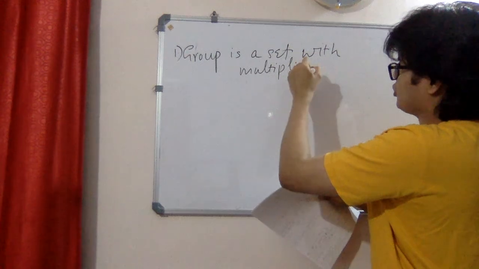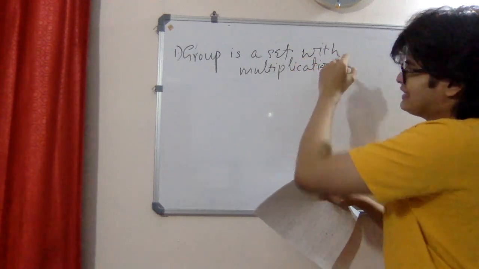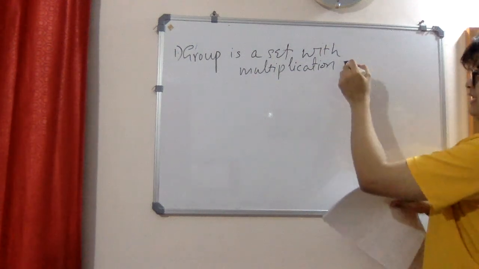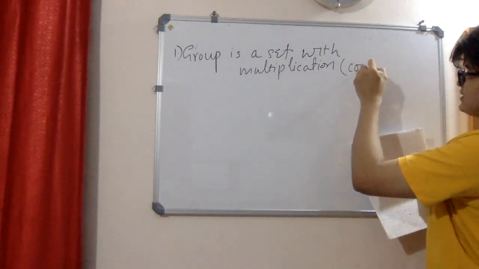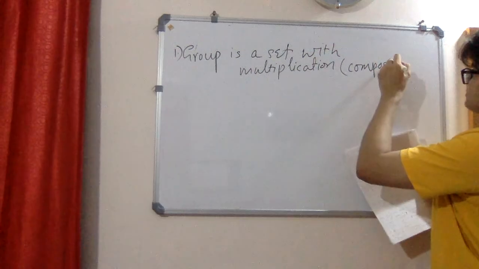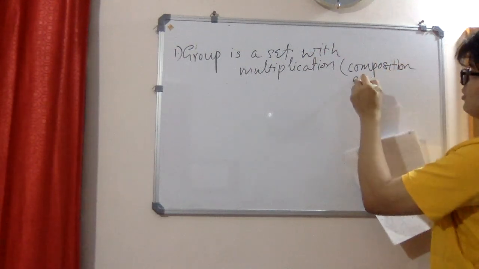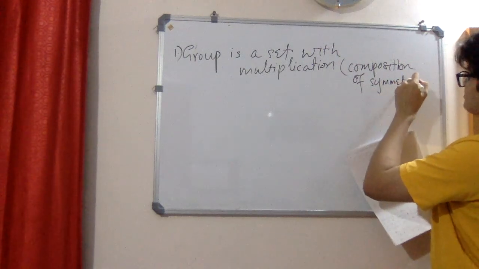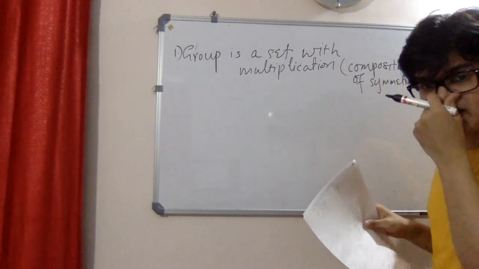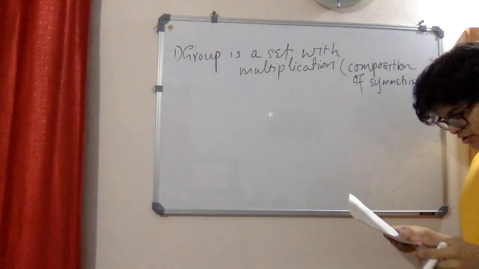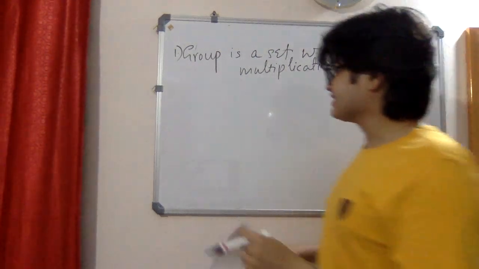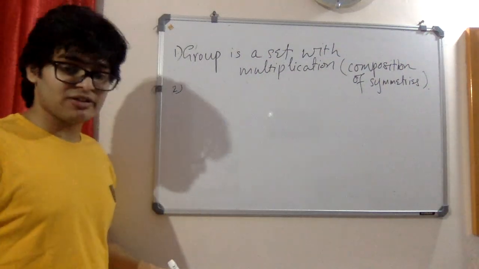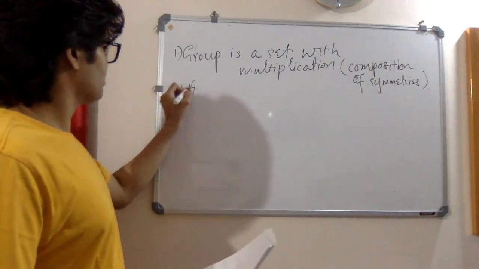Now, this should not be confused with the multiplication of real numbers. By multiplication, I mean the composition of symmetries. So the composition of symmetries, then notice that the symmetries have an associative property.